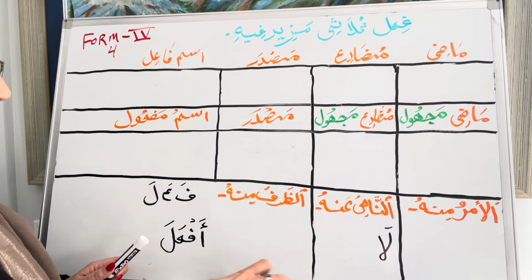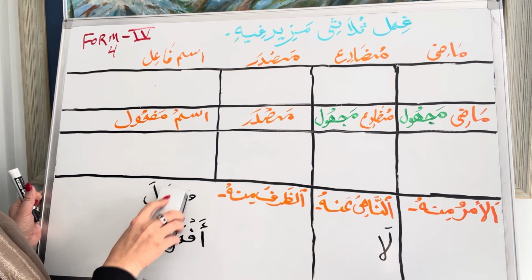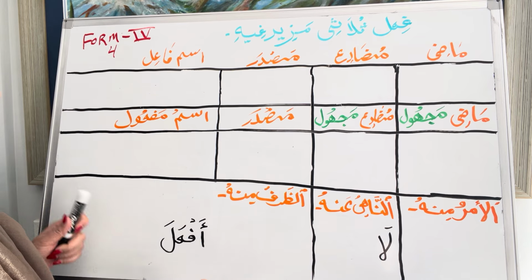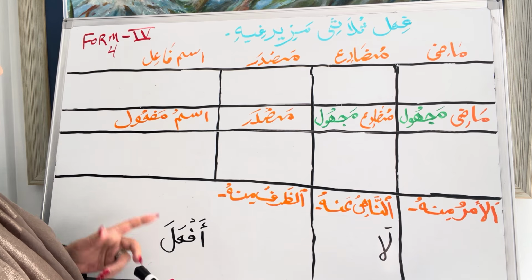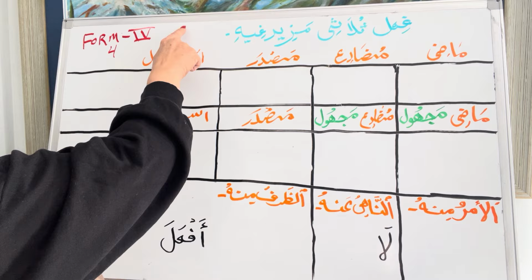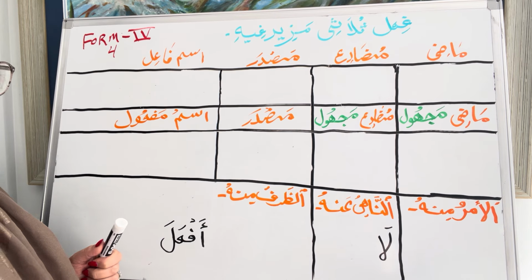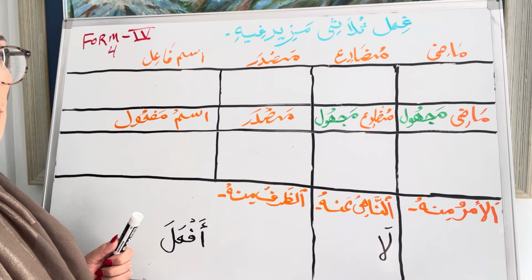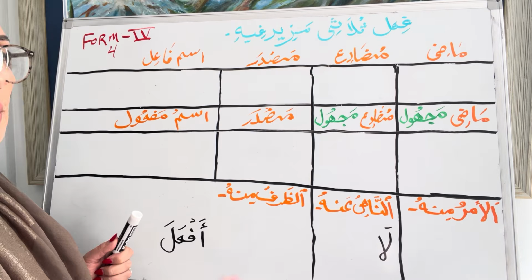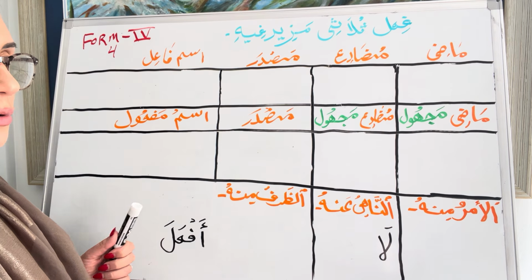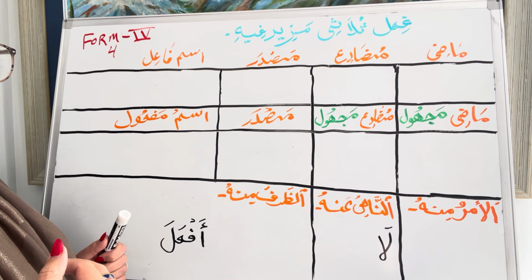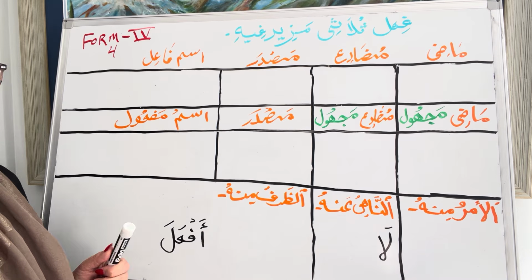What you guys can probably do as we're going through this is put up for verb form 4, add hamza in the beginning, or for form 2, double the lam kalima, or for form 3, after the fa kalima you add an alif.